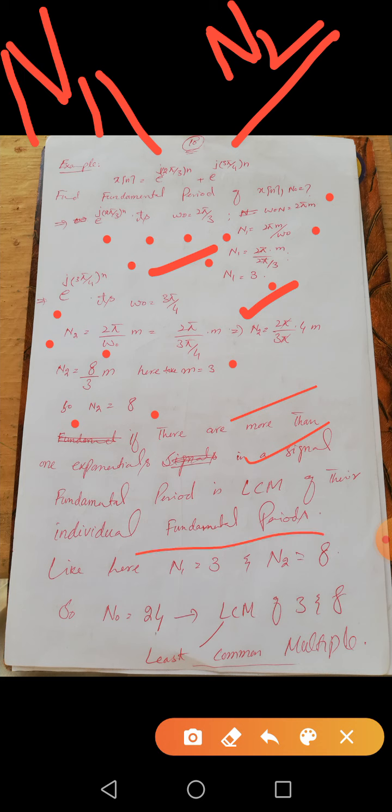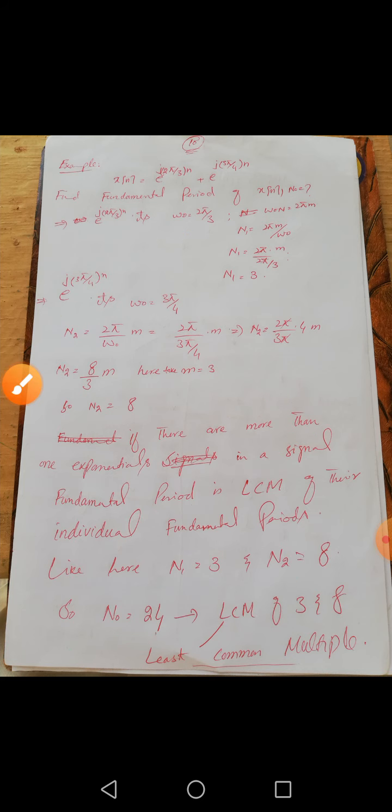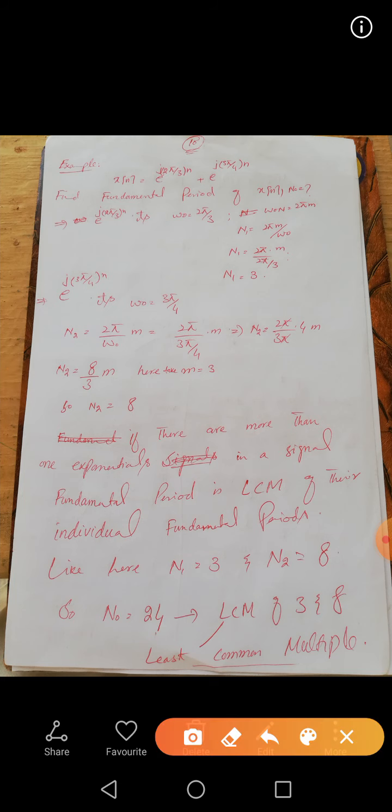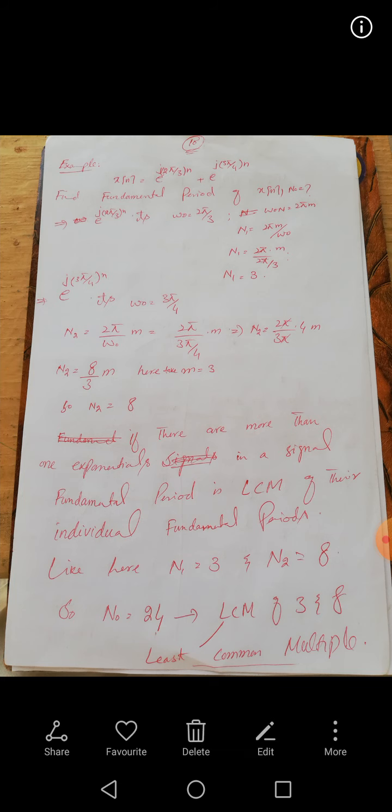Like here, N1 is 3 and N2 is 8, so 24 is the LCM of 3 and 8. So the fundamental period of this signal is 24. This is all about today's lecture. So see you in the next class. Thank you.